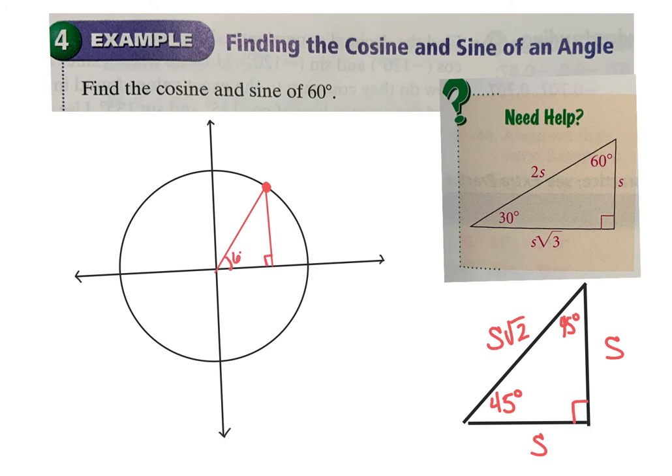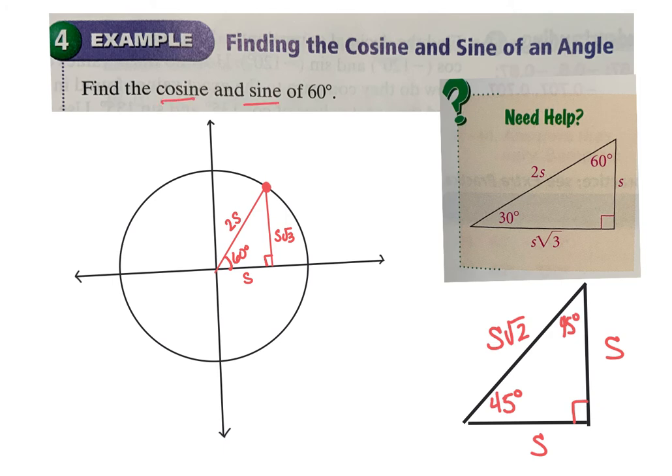We just determined that was 60, okay? So what type of triangle is this? 30, 60, 90, all right? So I know that this is my short side, correct? So then this side should be s times the square root of 3, correct? And this should be 2 times s. Everybody see that? So let's figure out my cosine and sine.